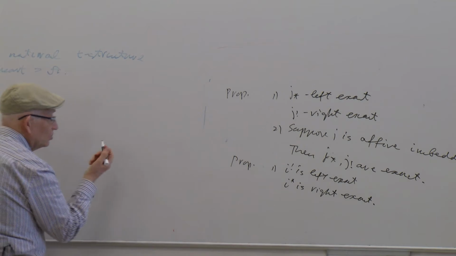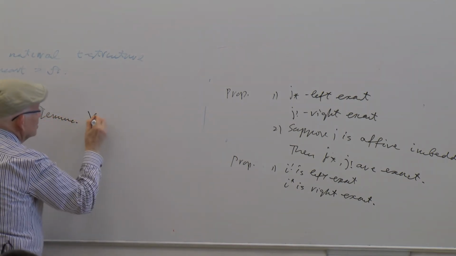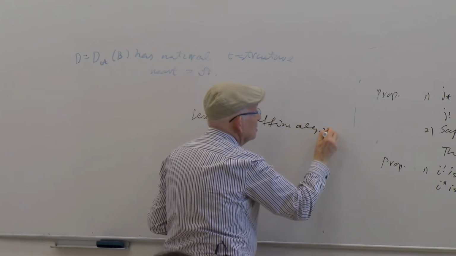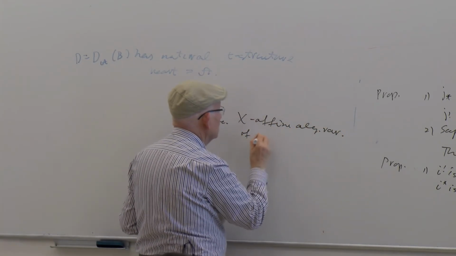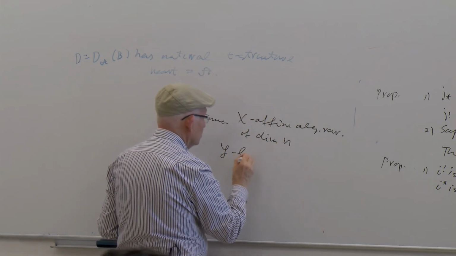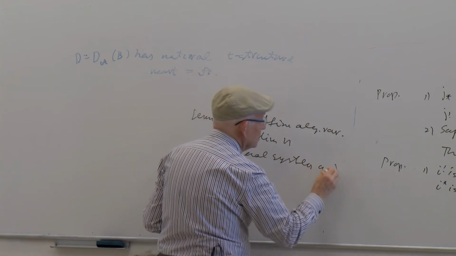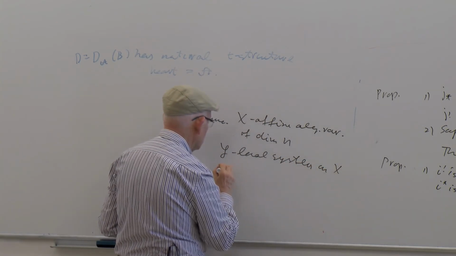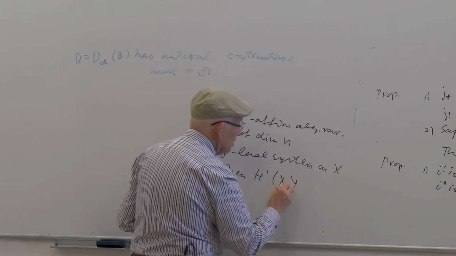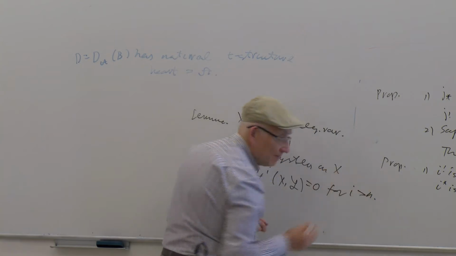So you check it using the following standard lemma: if X is an affine algebraic variety of dimension n, and L is a local system on X, then the homology of X with coefficients in L is equal to 0 for i more than n.